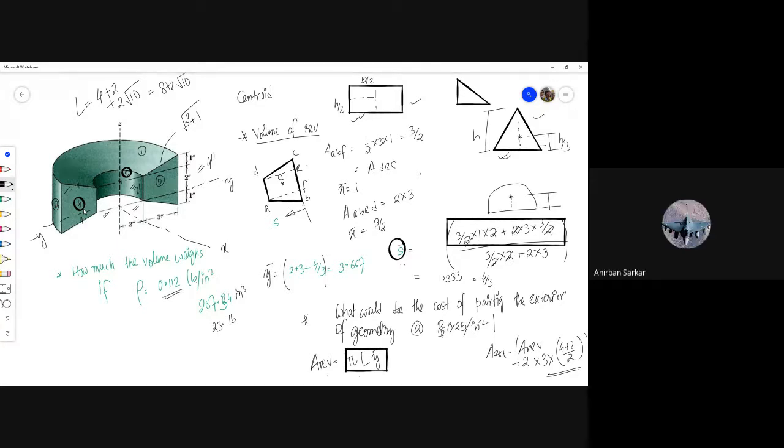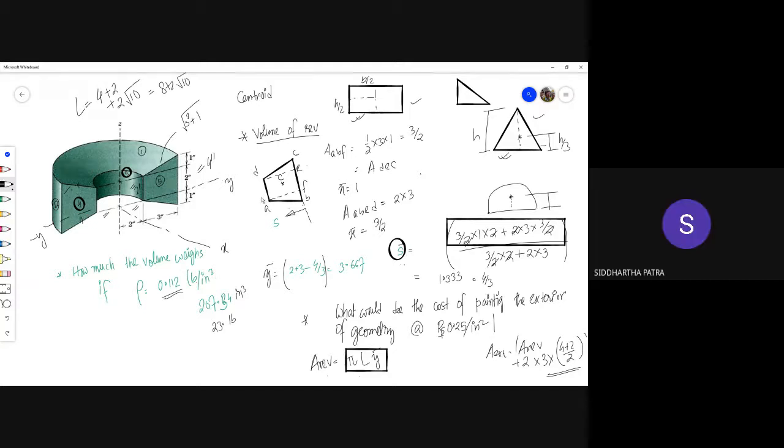Sir, actually, I took along the z-axis. I took circles with the z-axis perpendicular to the circles, as we are revolving that straight line around the z-axis.